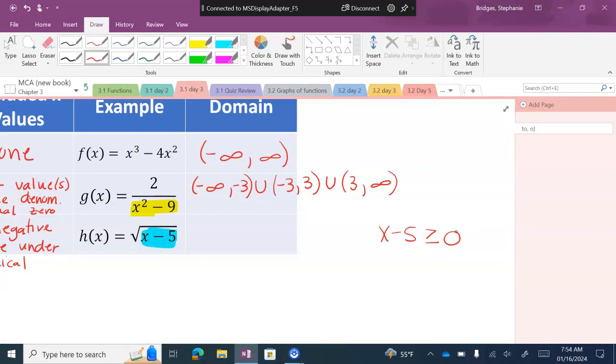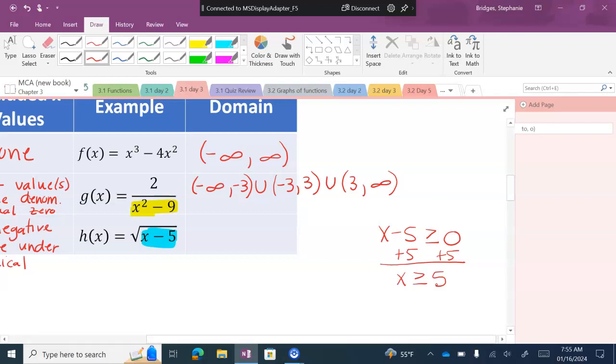And then I would solve that for x, just like a regular equation. So that tells me that x is going to have to be greater than or equal to 5. Again, if we need the number line to help us, you don't have to draw these number lines if you know how to write your interval notation. But here's my 5. If I need to be greater than or equal to, first of all, that would be closed, right? Which direction is greater than?